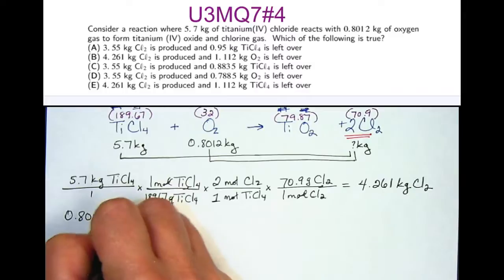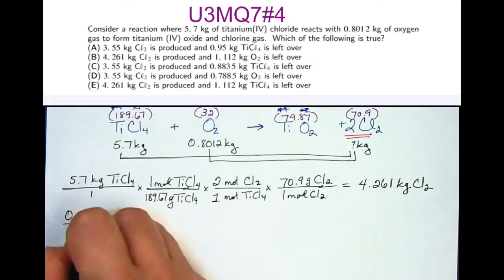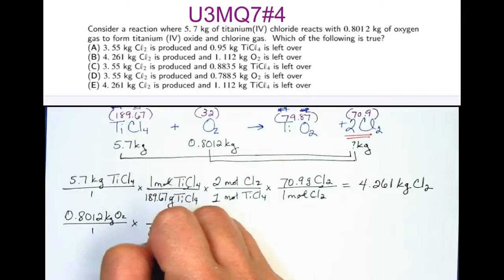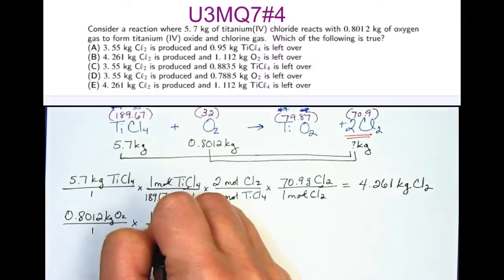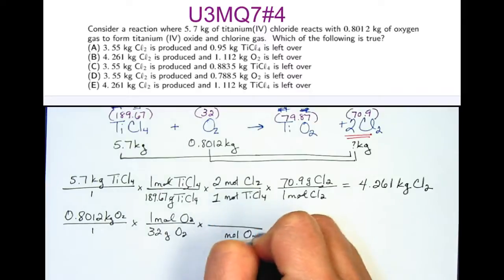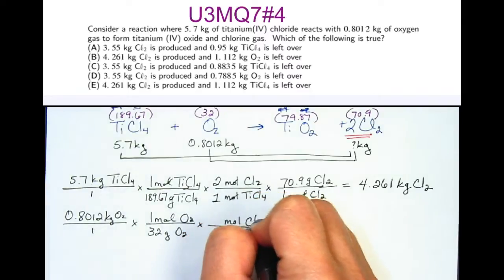Now I'm going to use 0.8012 kilograms of oxygen to find out how much product we make. So 32 grams of oxygen is equal to 1 mole of oxygen. We're going to go from moles of oxygen to moles of chlorine.